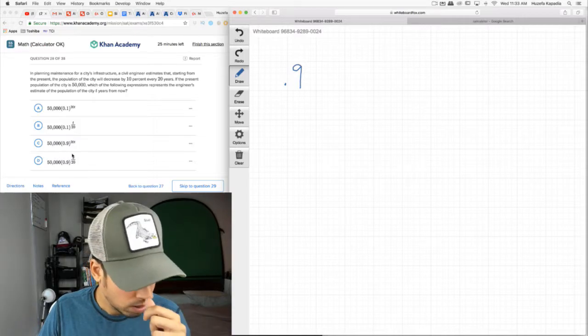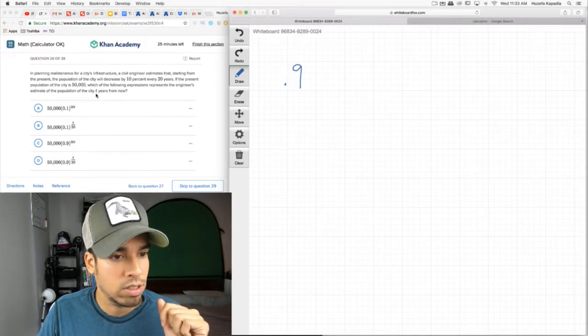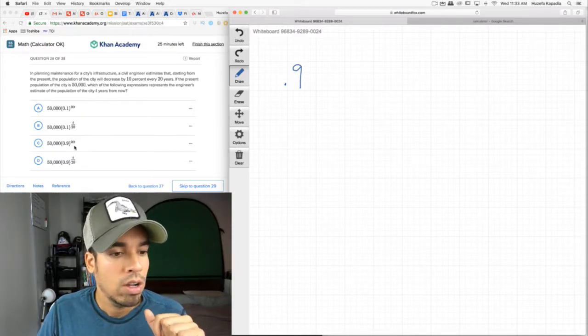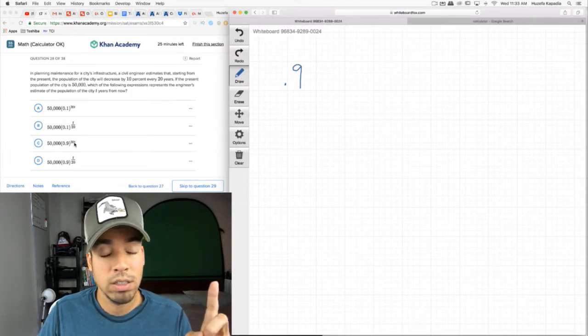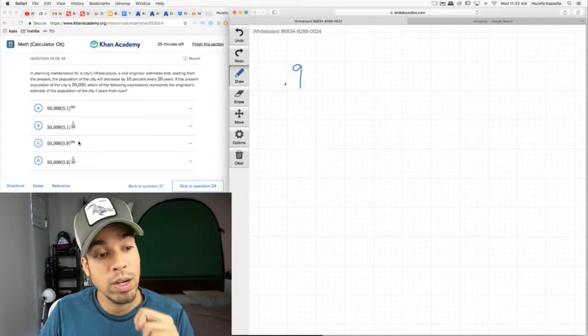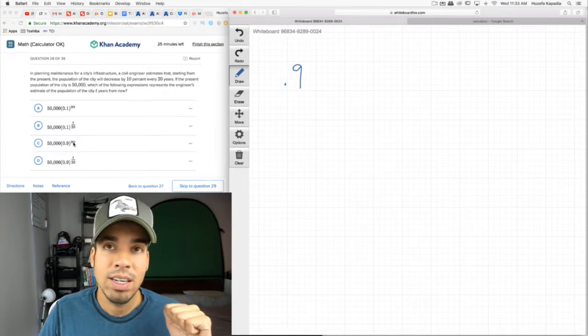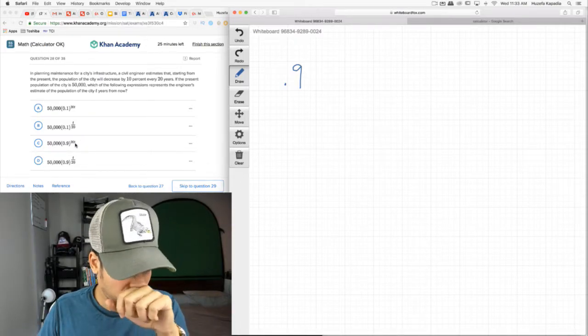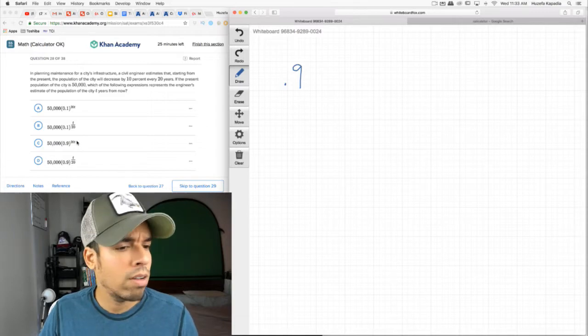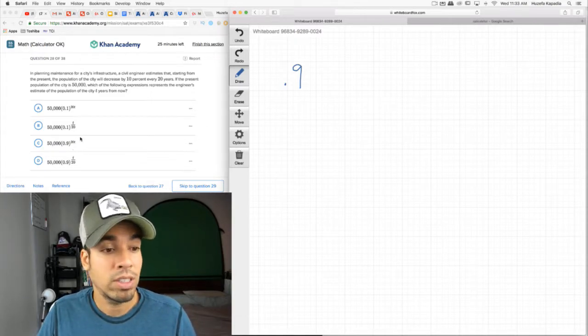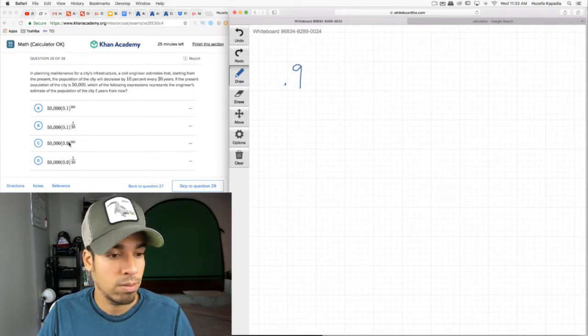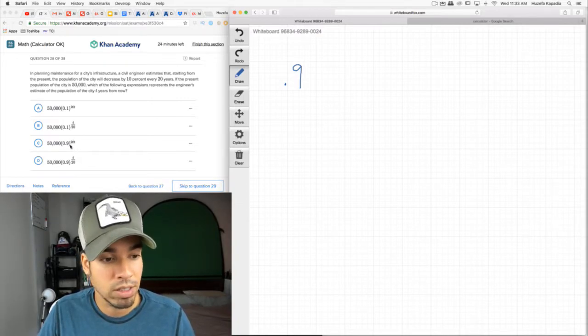Now here's the question. It's every 20 years, and we're talking about t years from now. So it's saying only in 20 years is it going to drop by 10%. Here, if I plug in 1 for t, it's going to be like 20 years of 10% decreases, which makes no sense.